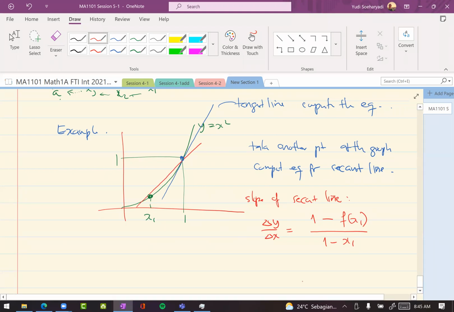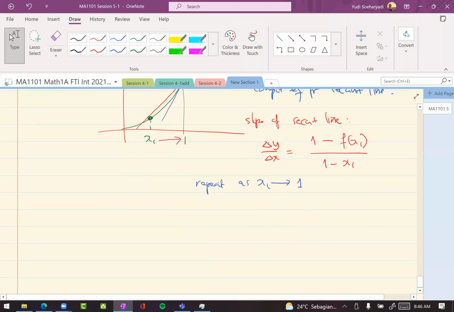Then we compute this one and move this x1 closer to 1. Repeat these computations, repeat as x1 gets close to 1. So let's do the computations.